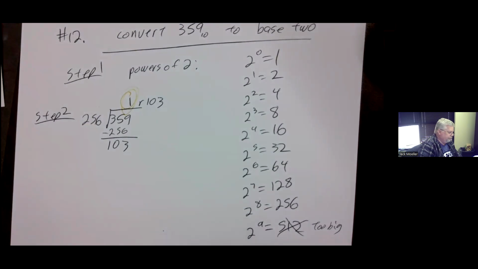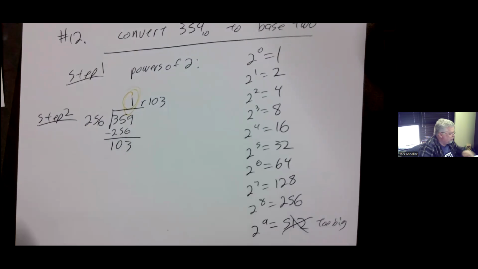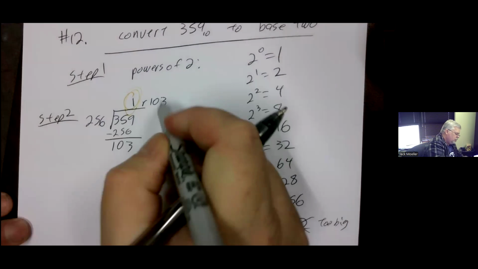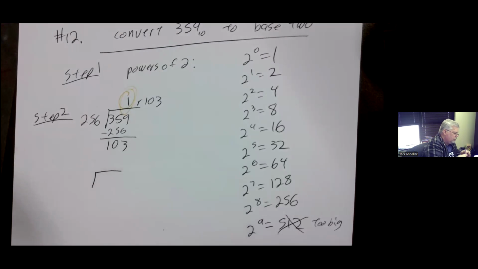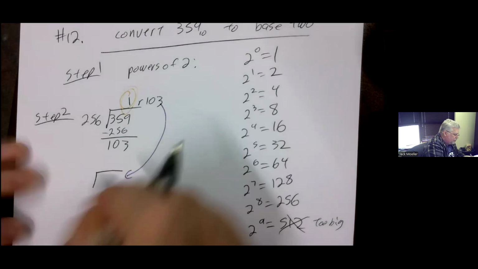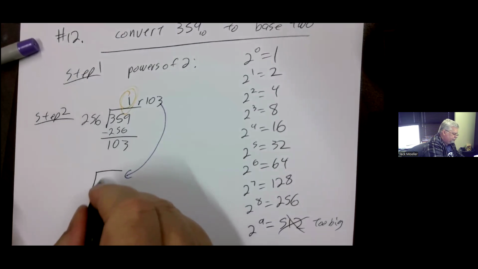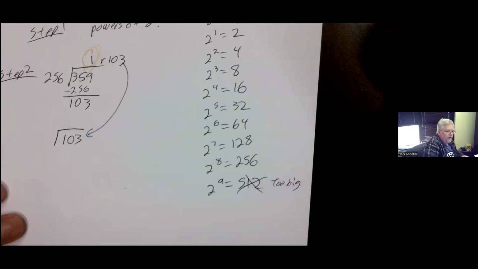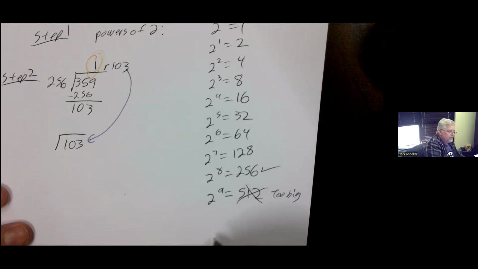So now what do we do? We need our next division. We always take the remainder. That's what we're going to be dividing. And what are we going to divide with? We've used the 256.